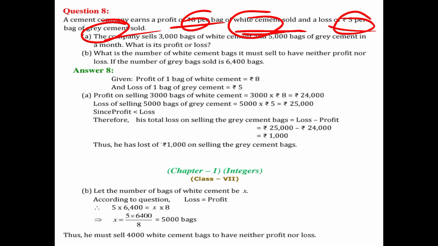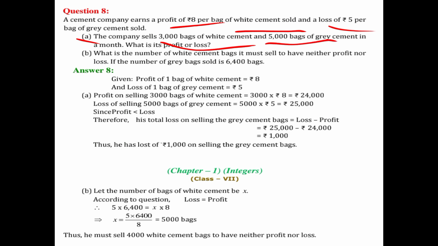Okay, so now we have to consider these things, and we have to solve the two parts based on this information. The first part, A, is: the company sells 3,000 bags of white cement and 5,000 bags of grey cement. What is its profit or loss?